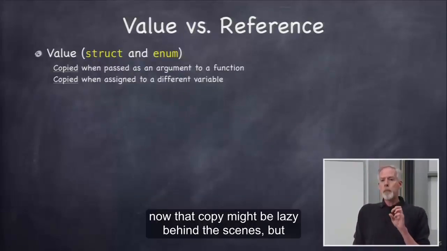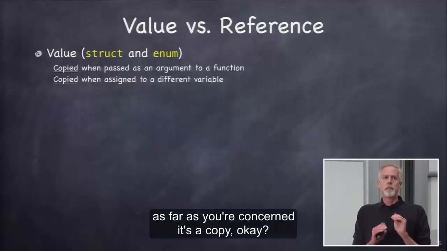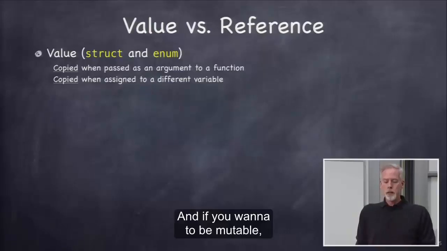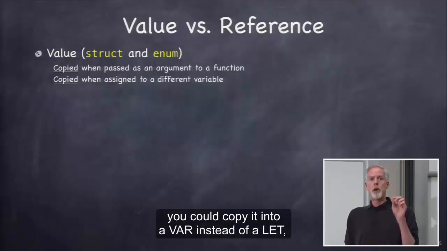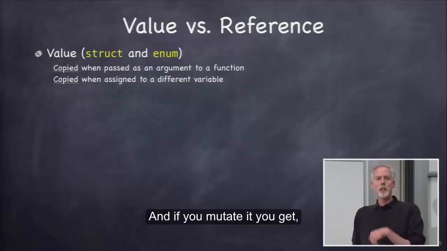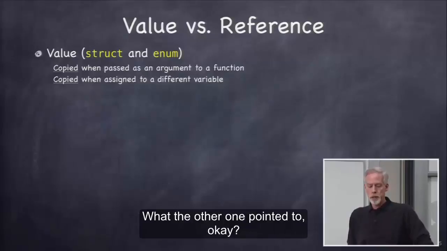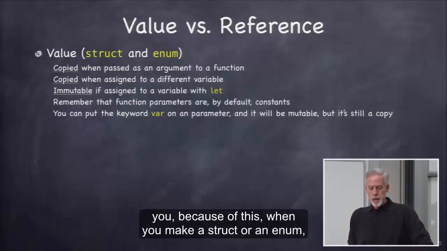Now, that copy might be lazy behind the scenes, but as far as you're concerned, it's a copy. And if you want it to be mutable, you could copy it into a var instead of a let, and now you could mutate it. And if you mutate it, you're mutating your own copy, not what the other one pointed to.